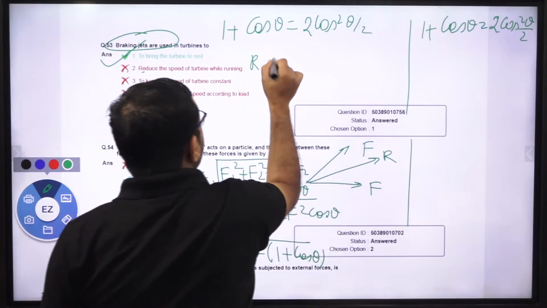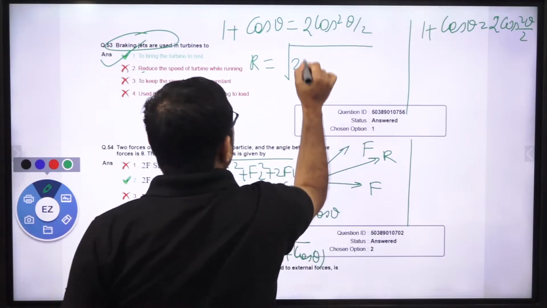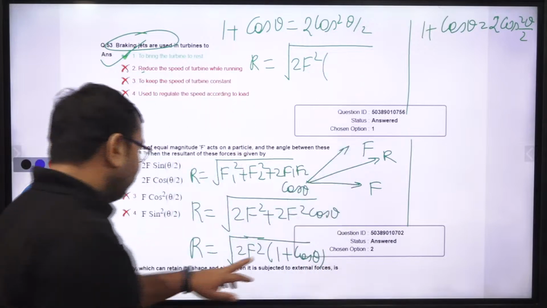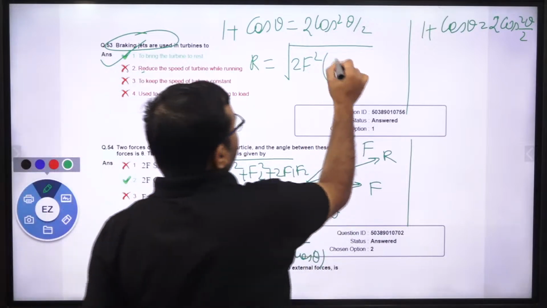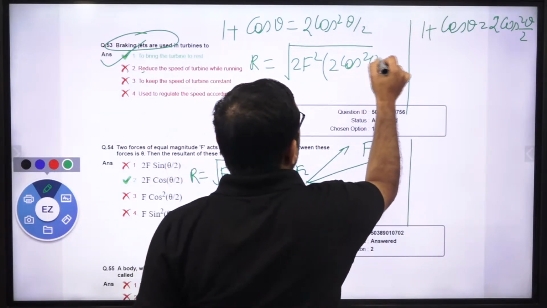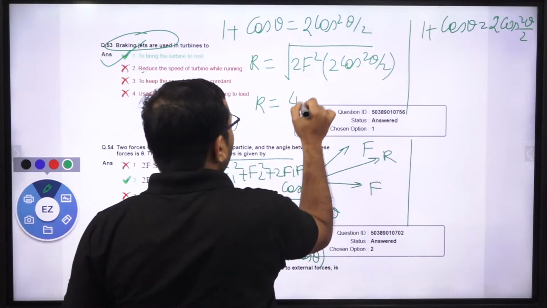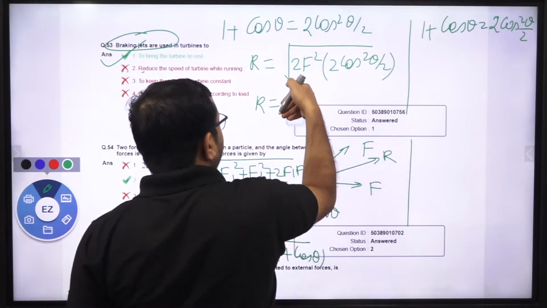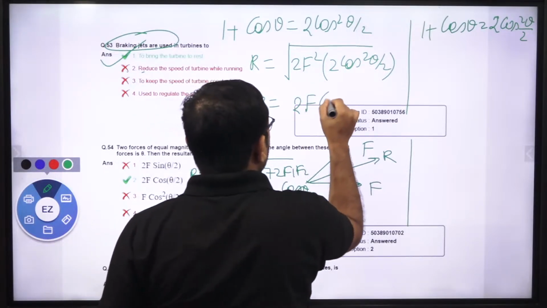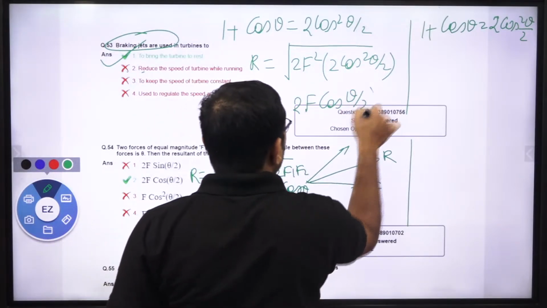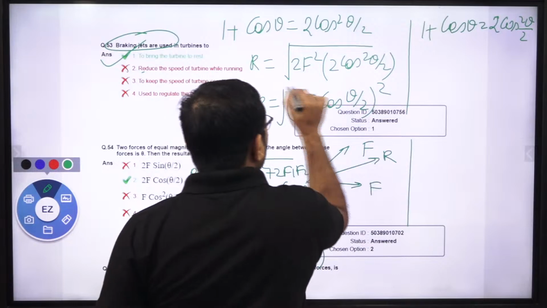So simply the resultant can be written as the square root of 2 times F square, and instead of 1 plus cos theta, I write 2 times cos square theta by 2. If you solve this, then you will get the square root of 4 times F square cos square theta by 2, that is 2 times F cos theta by 2. Yes or no?